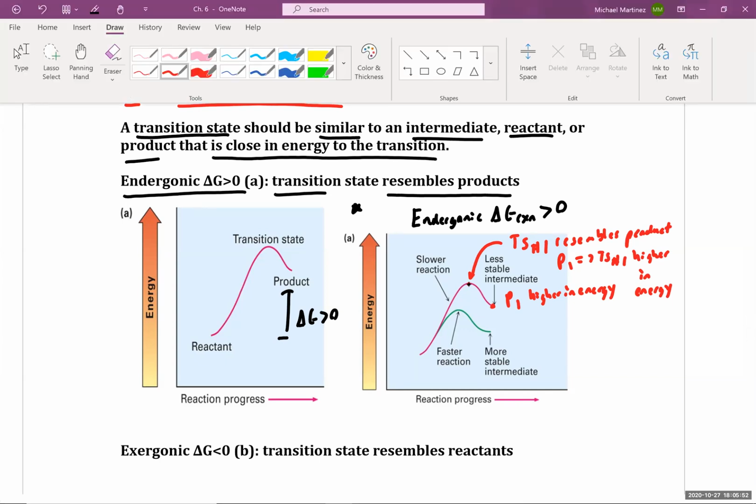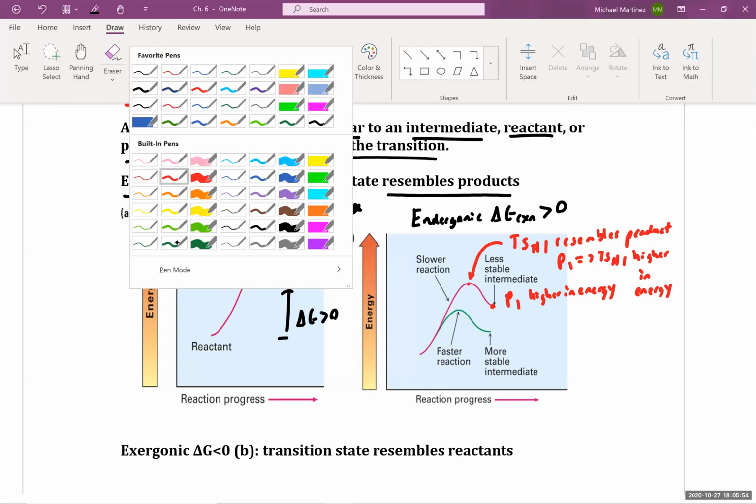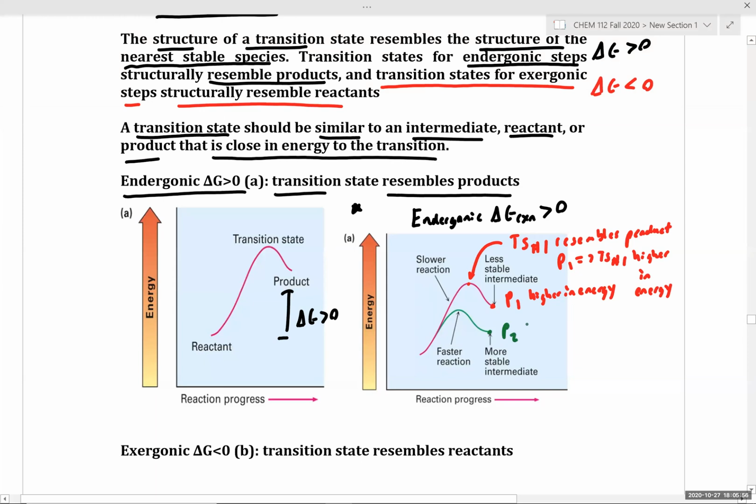By the same token, if we look at product 2, which is lower in energy, because our transition state resembles our product, if we're looking at transition state number 2, would we expect it to be higher or lower in energy compared to transition state 1? What would we expect?